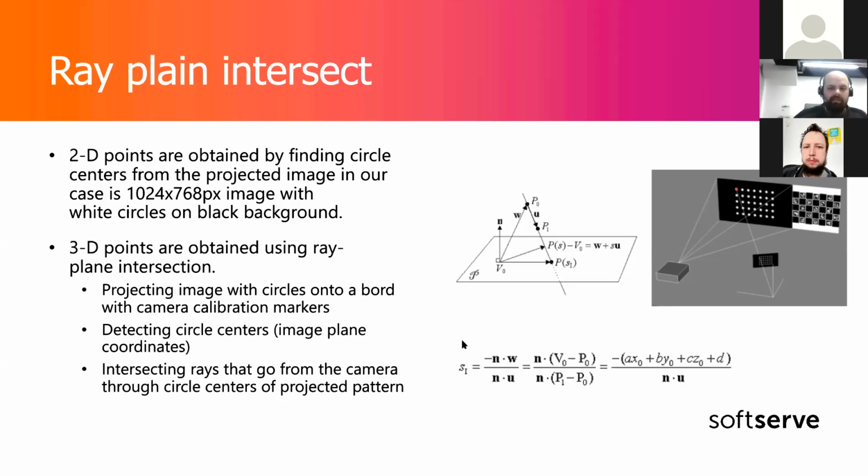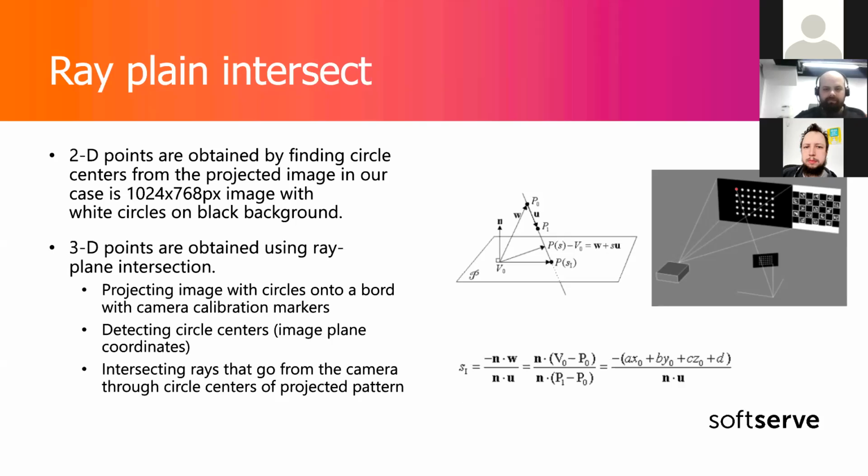We gather them by intersecting rays from the camera origin through the image plane of the camera and circle centers of our projected pattern onto the plane in the 3D world, reconstructed from the rotation and translation vectors. And when we have those 2D and 3D points, then basically any method can be used for the calculation of the calibration parameters.